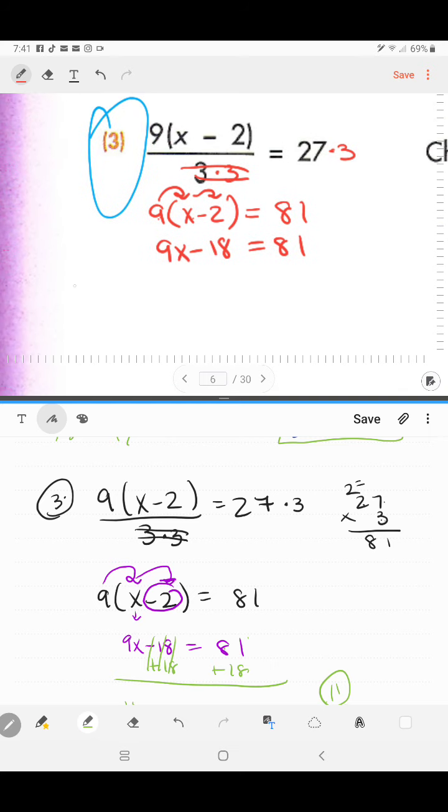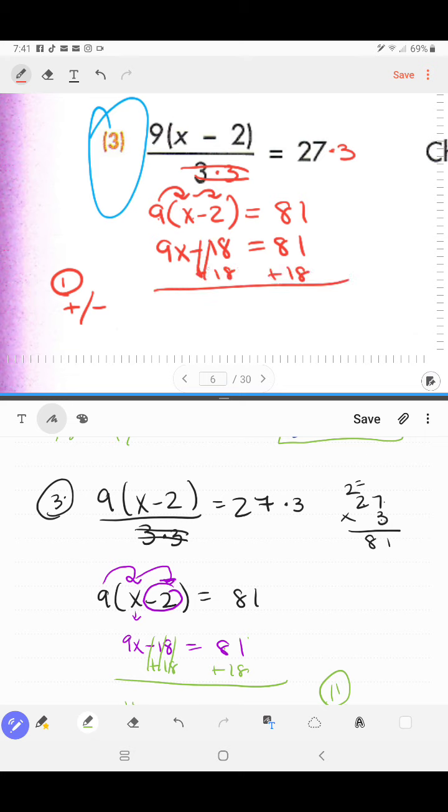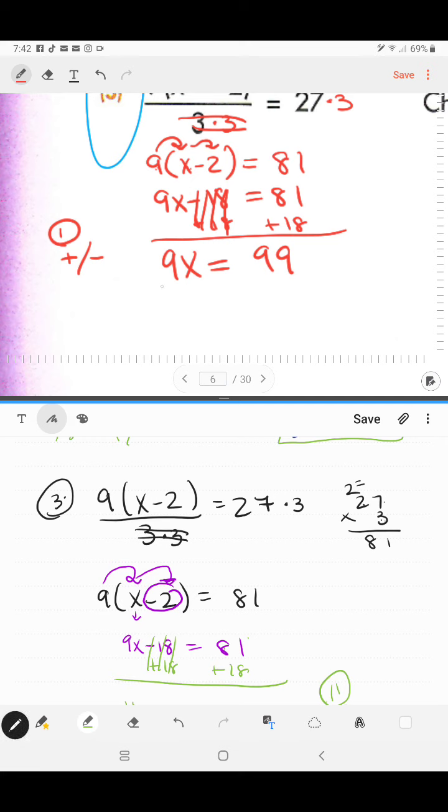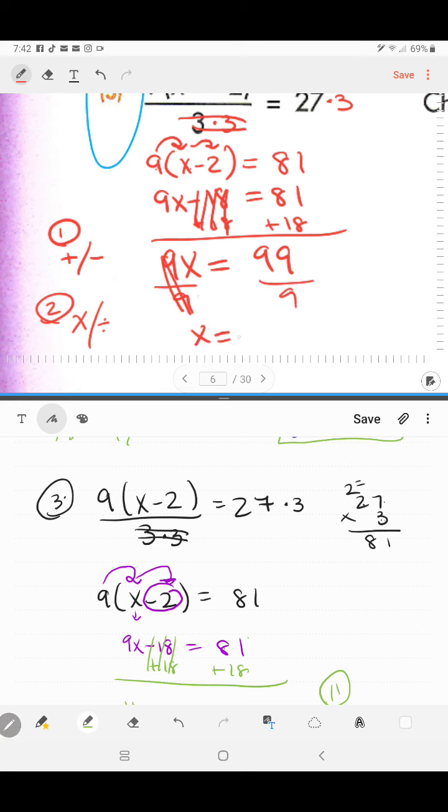And then your two-step equation. First step, plus or minus. Do the opposite, which is plus. Eliminate. 9x comes down. Add that, it is 99. Second step, multiply or divide. In this case, we divide. x equals 11.